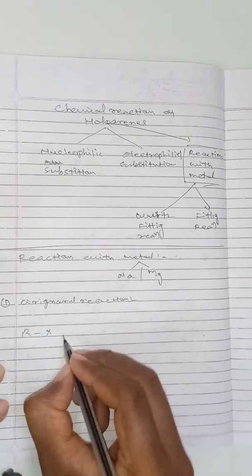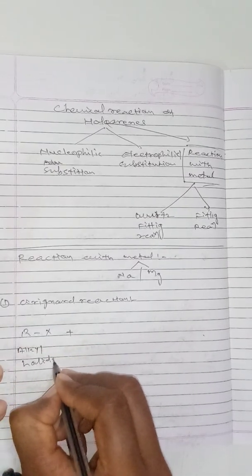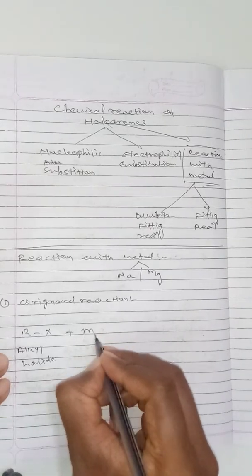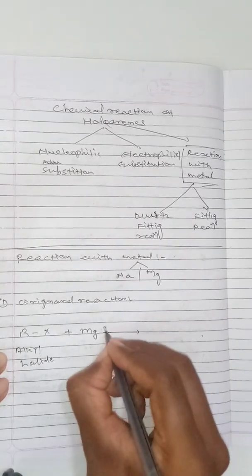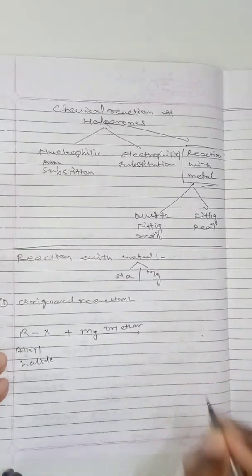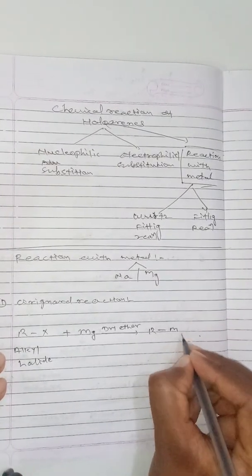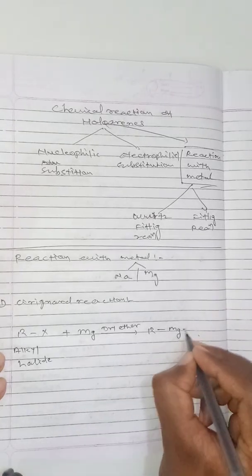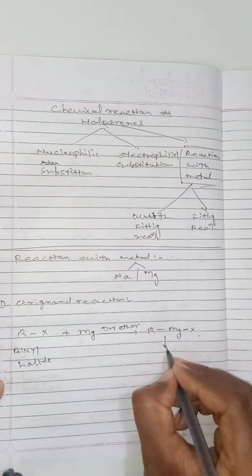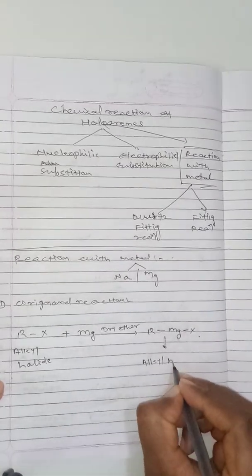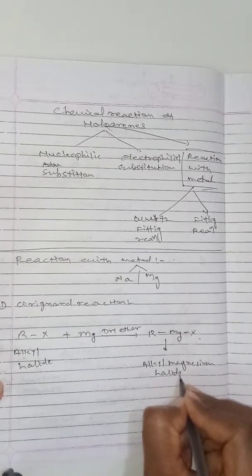Alkyl halide reacts with magnesium in presence of dry ether to yield alkyl magnesium halide. It is called alkyl magnesium halide.